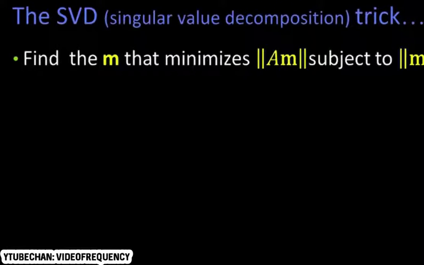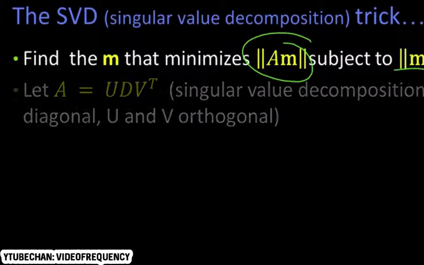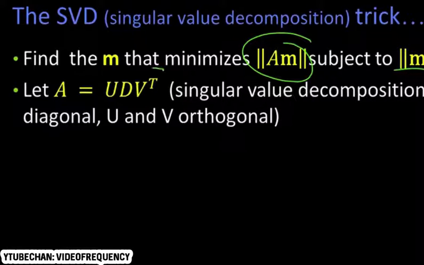One step at a time here. So here's our goal: we want a unit vector m that minimizes the magnitude of Am. So let's do what's called a singular value decomposition, and I'm going to assume that you've seen that before, at least someplace. The idea is that any matrix can be decomposed into this U D V transpose format where V is a real orthogonal matrix, so in our case it would probably be a 12 by 12.